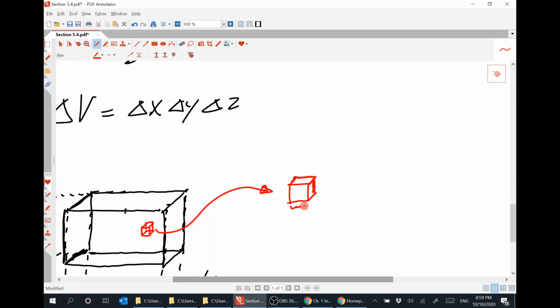So the length across the bottom there is delta y. The depth across the bottom and the top or whatever is delta x. And the height there is delta z. So you have that delta V for volume is length times width times height.